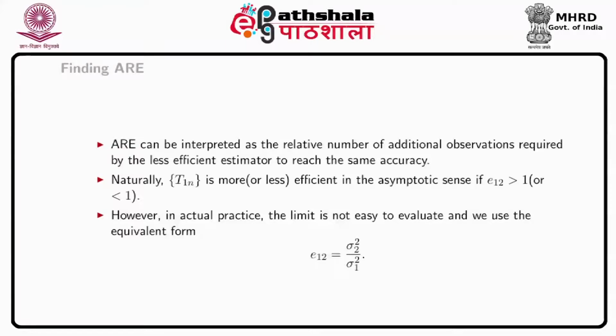However, in actual practice, the limit is not easy to evaluate and we use the equivalent form u12 equal to sigma 2 square divided by sigma 1 square. So, we shall use this formula as a measure of relative efficiency, and it is called asymptotic relative efficiency of the sequence of estimators T1n relative to T2n.